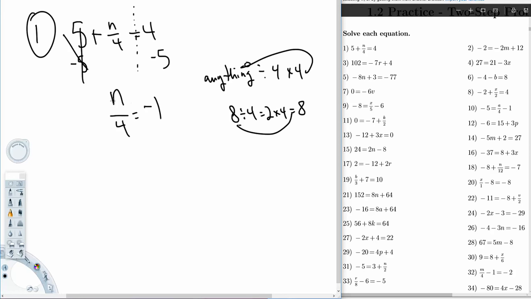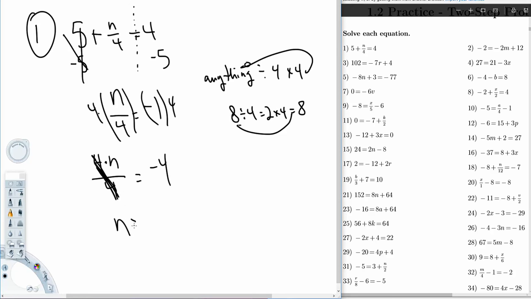So n divided by 4, we have to multiply by 4, both sides. So this problem really becomes 4 times n over 4 equals negative 1 times 4 equals negative 4. These 4's cancel, right? It's 4 divided by 4, and you get n equals negative 4.